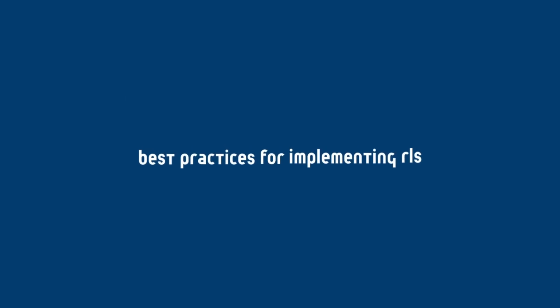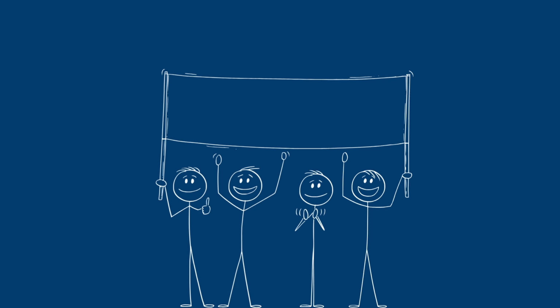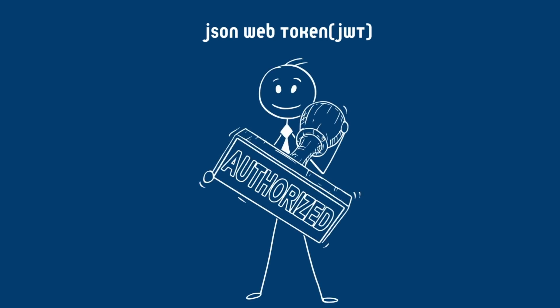Okay, to make the most of RLS, we can follow some best practices. First, we grant users only the minimum permissions they need to perform their tasks, and that we can specify in our policy. So the least privilege that they can have. Another one is Supabase allows you to use JWT claims in policies to provide dynamic access control.